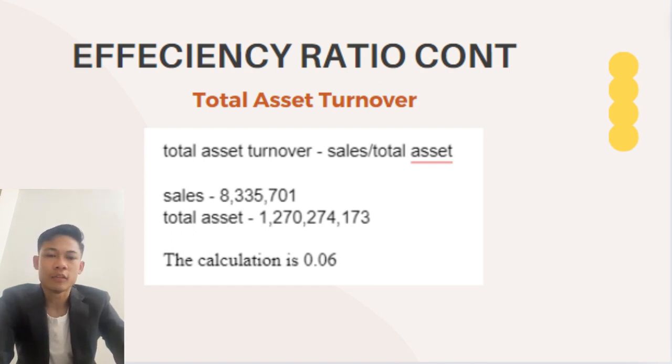So for the sales, what I get from Just Resource Berhad is 8,335,701. That is for sales, and the second one is total assets, which is 1,270,274,173. So after the calculation, after we divide, the result is 0.06.